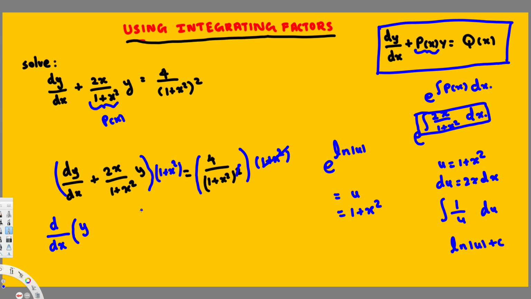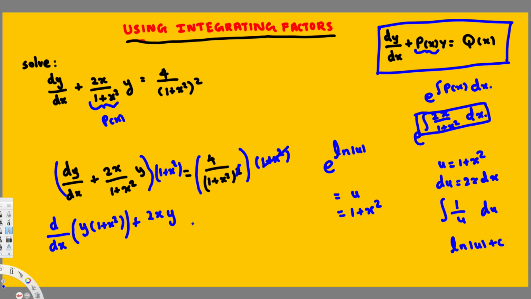Also, if you multiply this one with this, we are going to have 2x, and 1 plus x square cancels, so we only have 2xy.